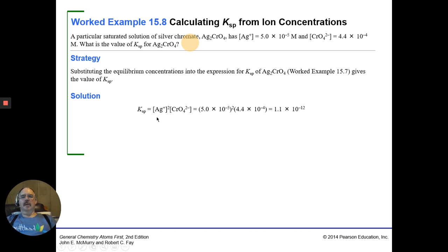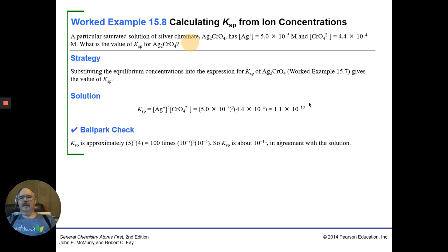Well, we wrote the KSP expression in the previous problem, so we'll substitute these values in here. Don't forget to square the silver term, and we get 1.1 × 10⁻¹². So that tells us that this is not very soluble.